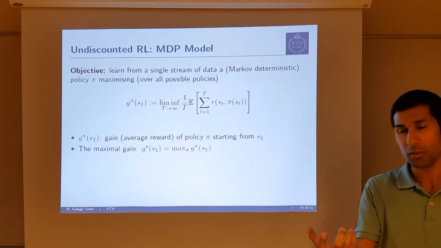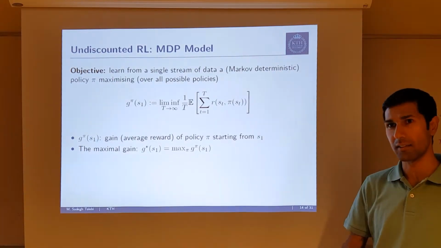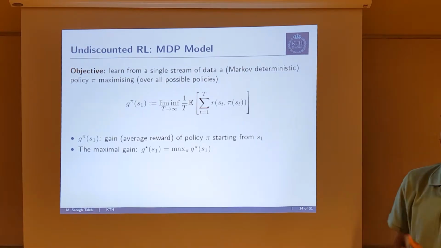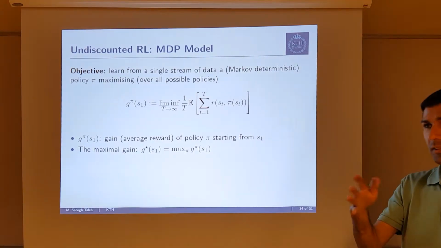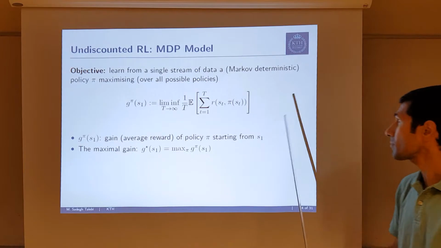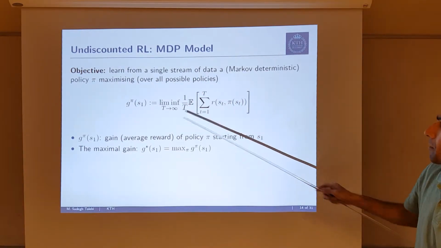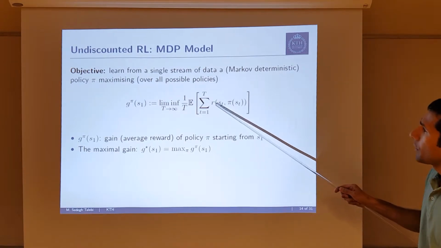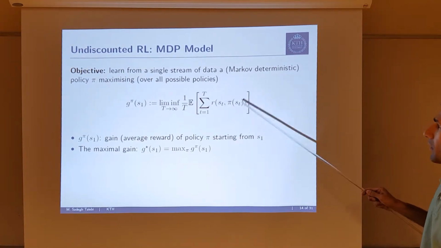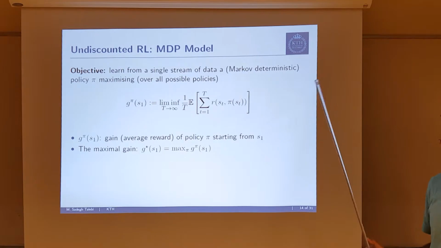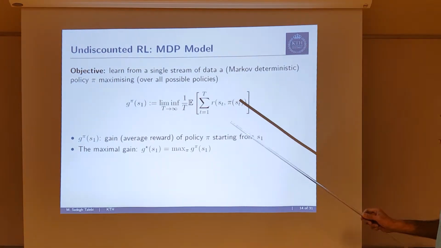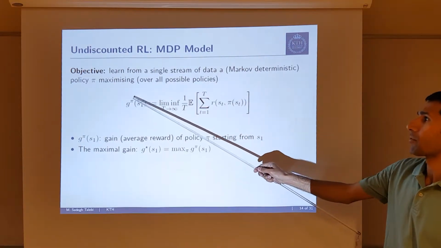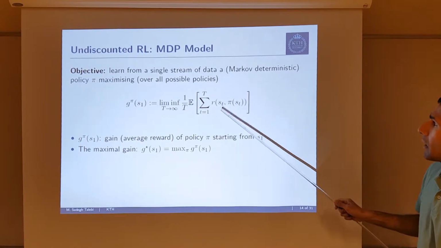You say, I'm in this state, and it says, okay, go for this. So this would be a policy, and the optimal policy is some policy among this class of all policies. So basically, here R of S_t and pi of S_t says: fix a policy pi, and a policy pi is just a mapping from a state space to action space.